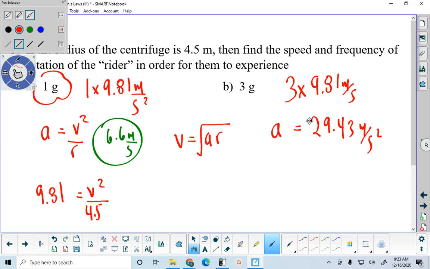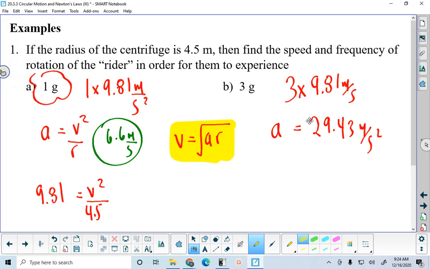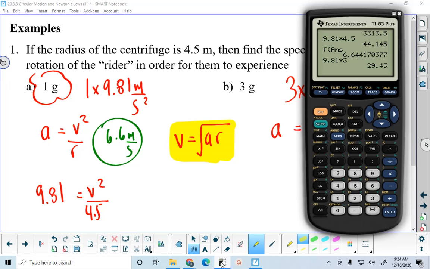And again, to find the speed, we're using this formula. This is a multiple calculation thing. Actually, we could have done this with our lists in the calculator. So I need to take that and multiply by the radius of 4.5, and then take the square root.